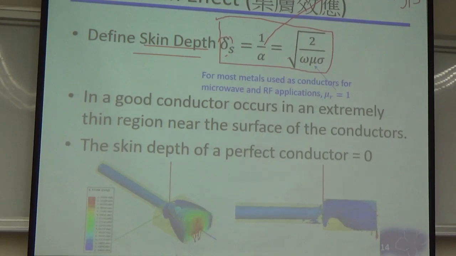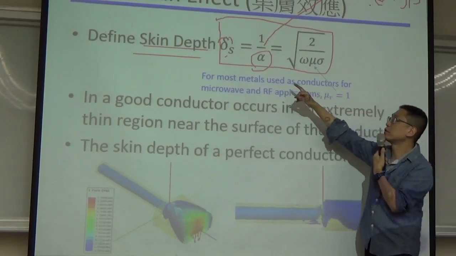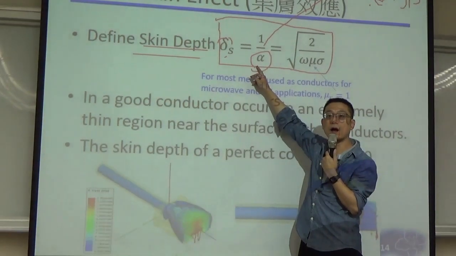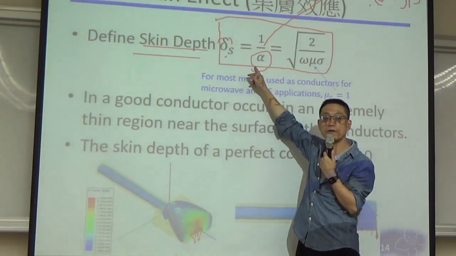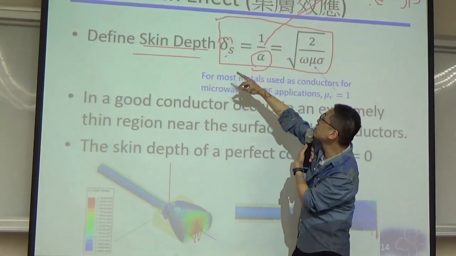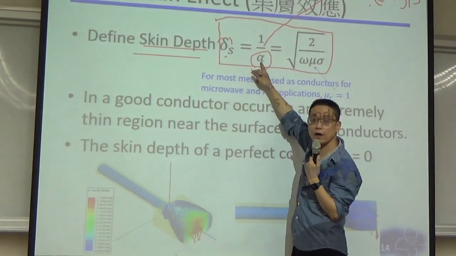We will have more explanation about alpha and beta later in the beginning of today's class. This is the same alpha. If you propagate a wave, there is an alpha, and alpha means attenuation. If alpha is large, attenuation is also large. So the skin depth equals 1 over alpha.